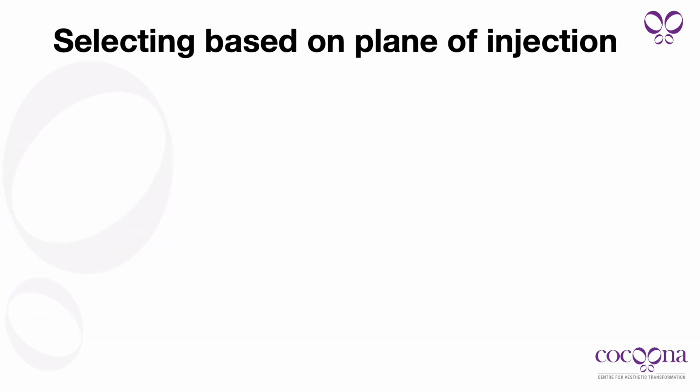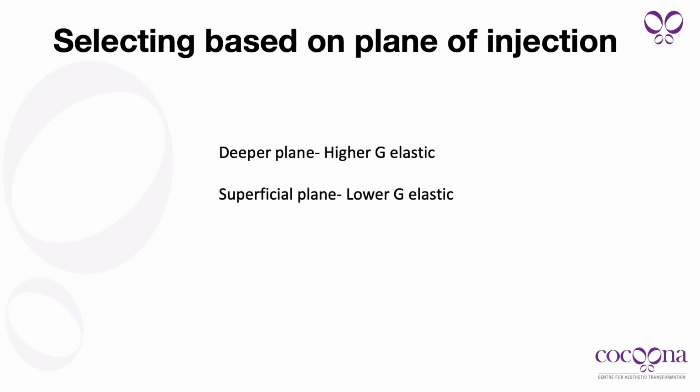Then you select based on the plane of injection. If you want deep plane injections like in the cheek or the malar area, in the chin, you use higher G elastic products. If you want to use a superficial plane, you use lower G elastic products, like in the glabella, nasolabial crease, labiomental area, cheek creases, periorbital area.